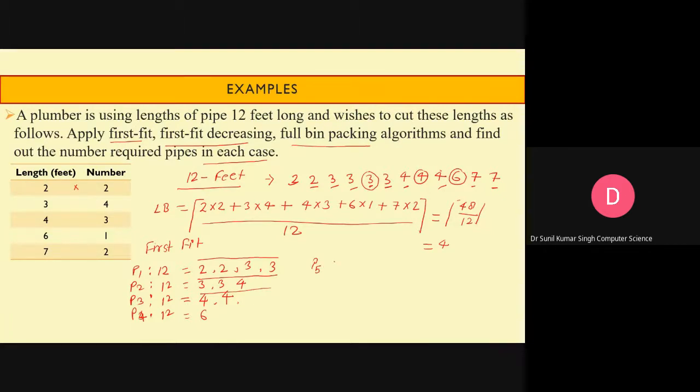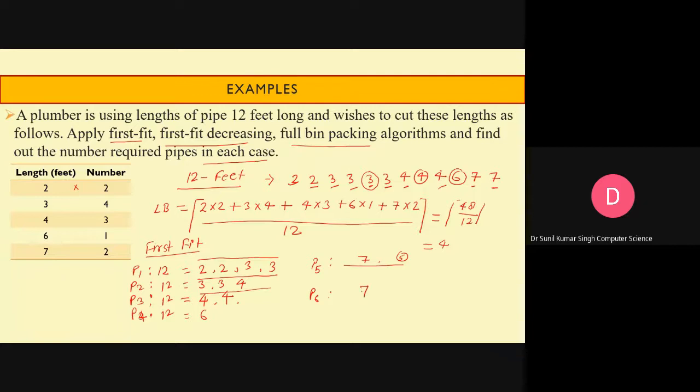So let's add another pipe P5, and here 7 will come. Of course, 5 length is remaining, so we could use it, but applying the first fit algorithm, we cannot do like this. And for accommodating this 7, another pipe is required, that is P6.